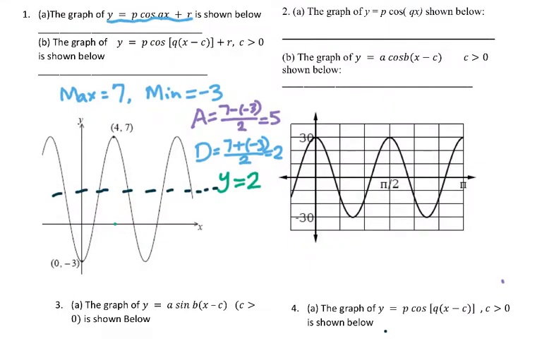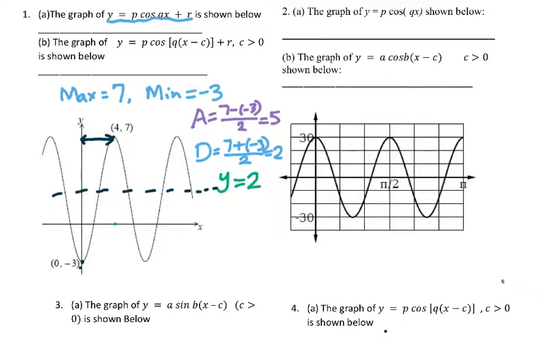For the period, from the given graph, we only find one maximum and one minimum, which means we have to use 2 times the horizontal distance between maximum and minimum. What's the distance between maximum and minimum? We know this is the horizontal distance.